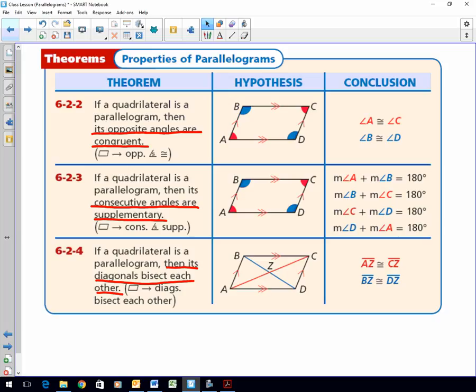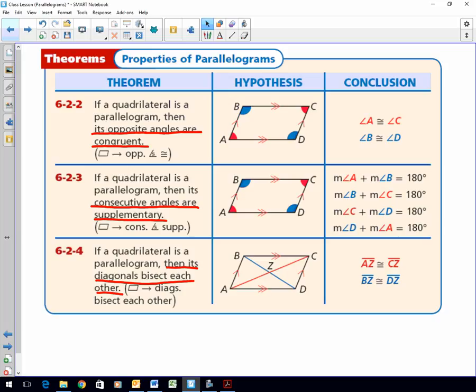Second, the opposite sides are congruent. Okay? Third, the opposite angles are congruent. Fourth, the consecutive angles are supplementary. We're going to come back to that one in a second. And fifth, the diagonals bisect each other.